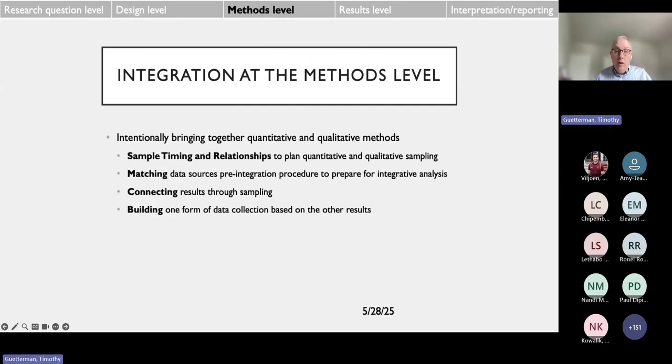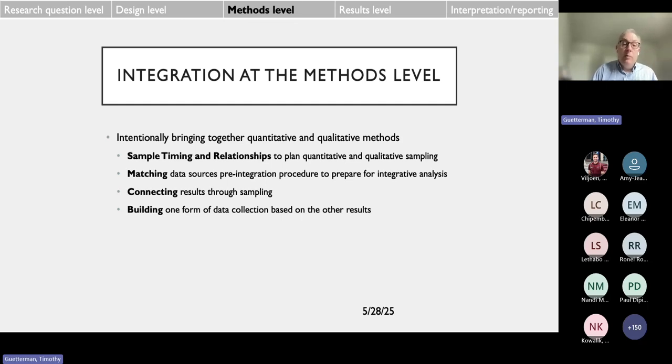So I'm moving on then from the design level to the methods level and what exactly that means. So here we're talking about the methods where quantitative and qualitative can come together. And when I say methods, I'm talking about more of those techniques or procedures of research.